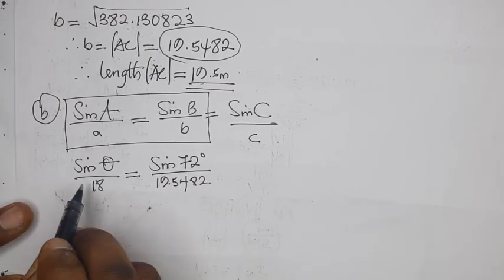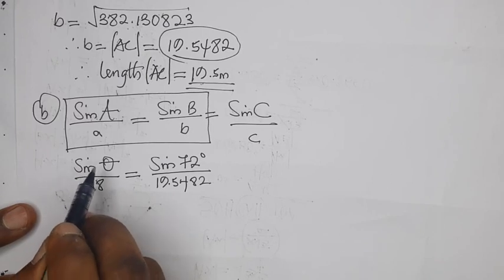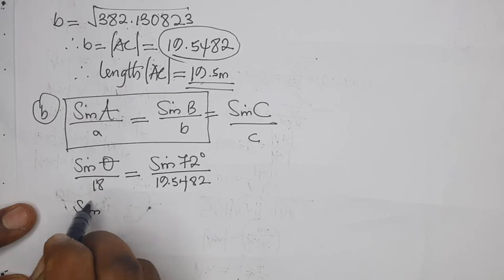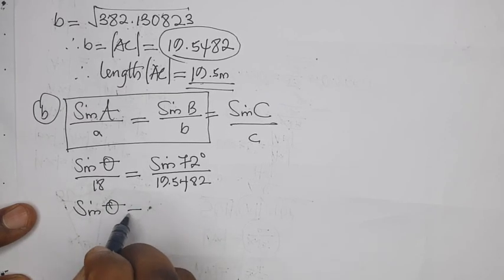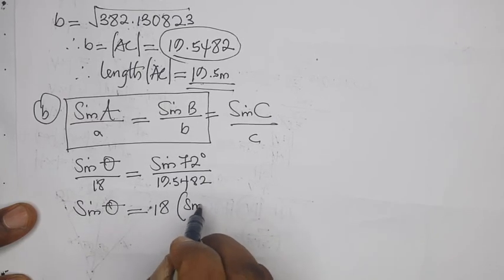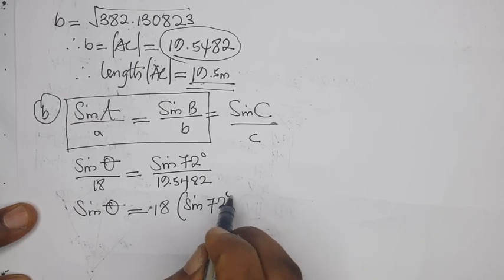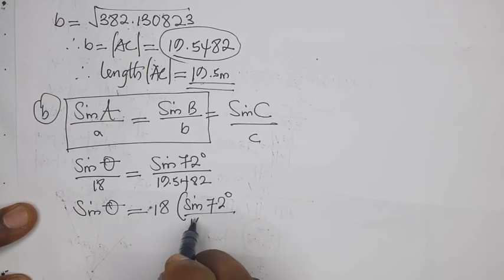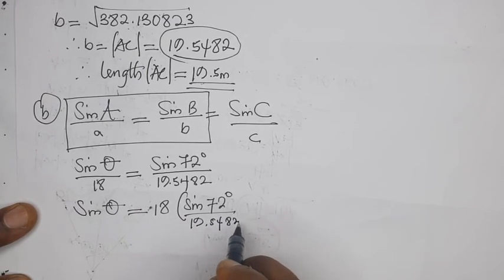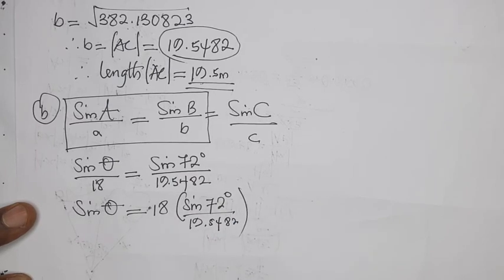So at the moment, we're going to find a way to make theta the subject of formula. And to do that, first I'll begin by writing sine theta as the subject of formula, which is equal to 18 multiply sine 72 degree all over 19.5482. This is what we've got so far.